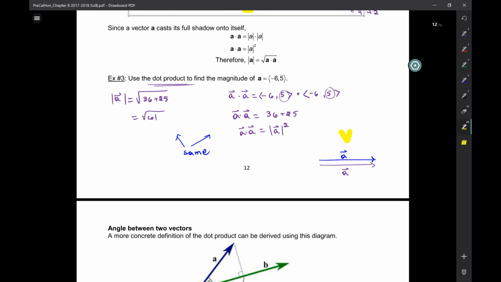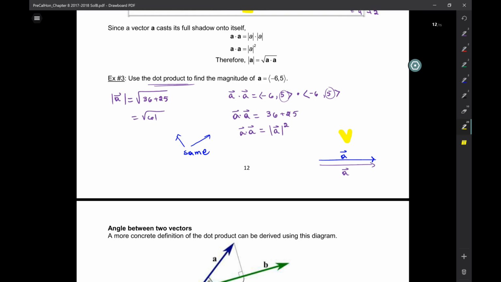All of it. So if the dot product is the product of the length of the shadow times the length of the vector, then it's the length of A times the length of A. It's the square of the magnitude. Okay? So conceptually it works.